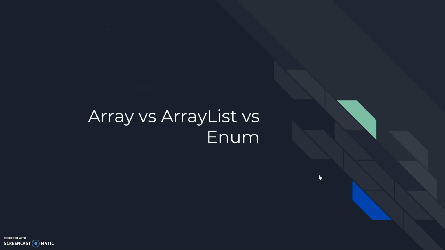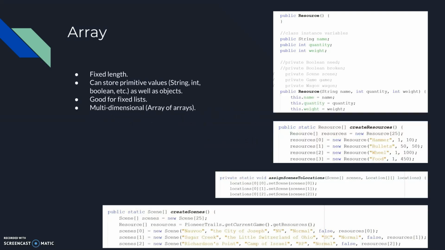All right, so arrays versus array lists versus enums. Right off the bat, we only used arrays in our program so far; there are some things we didn't get to implement, but we'll go ahead here. Arrays are containers, and this container is a fixed length.